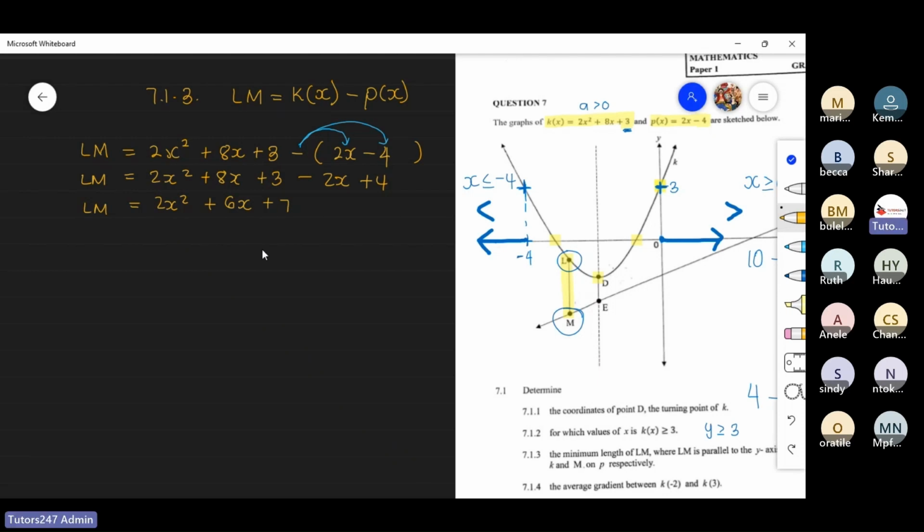But keep in mind, the question did not want the length LM, they wanted the minimum length LM. Length LM and minimum length LM are two different things. So in order to understand what is the minimum length LM, we need to ask ourselves, what is minimum?